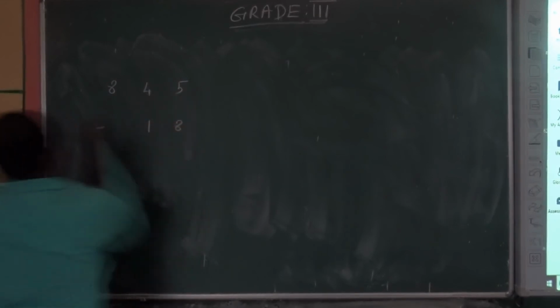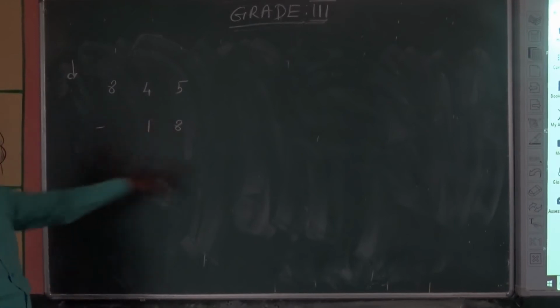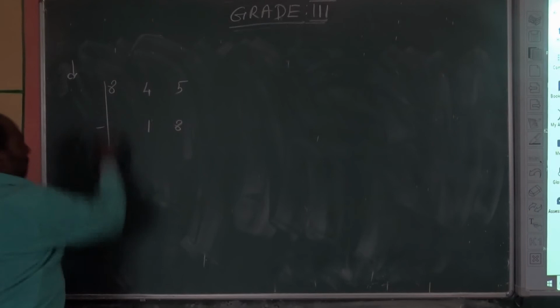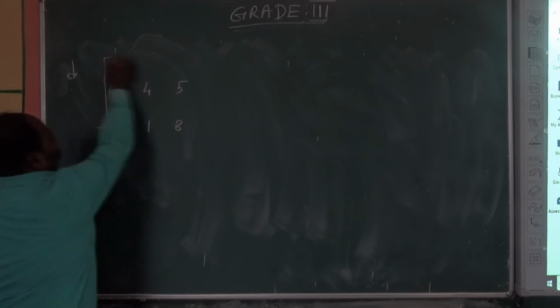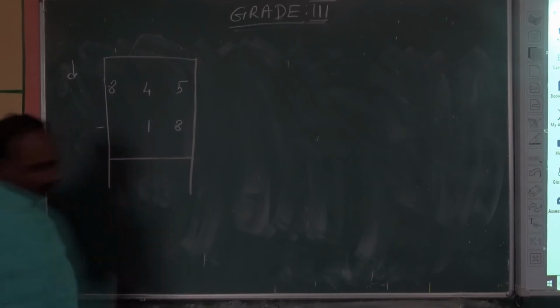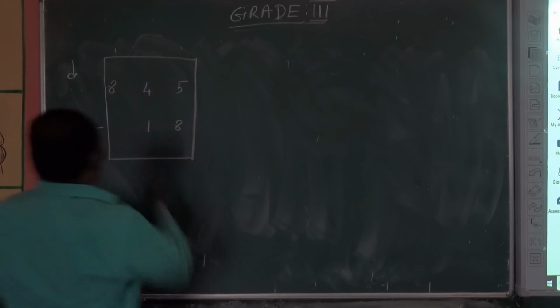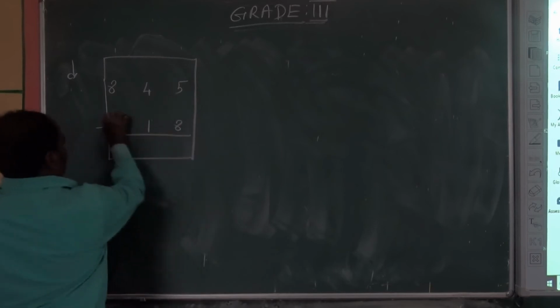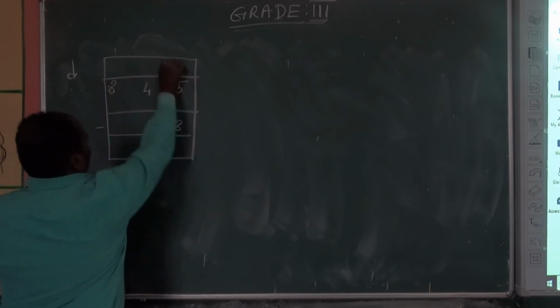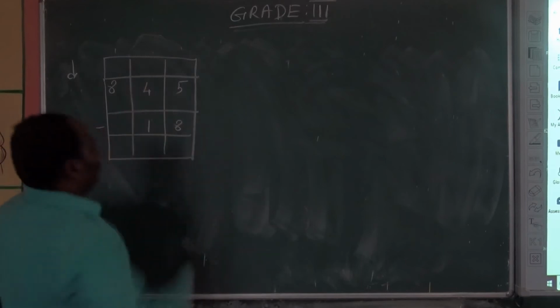845 minus 18. D part, 845 minus 18. Write the place value.